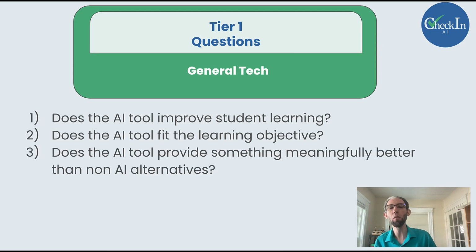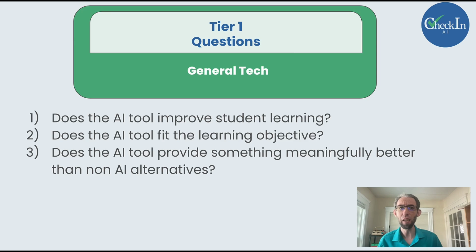And this third one was a really important one. I used to ask it all the time with educational technology that was not using AI. And that is, does the AI tool provide something meaningfully better than non-AI alternatives? And especially in today's day and age, where I feel like AI is thrown into every single tool now just because it's the hot thing and people say, look, we use AI, right?